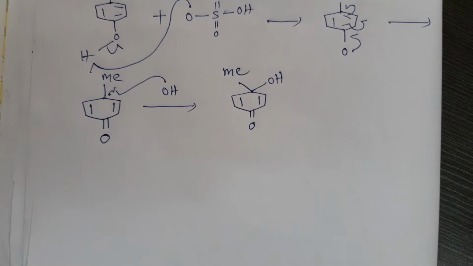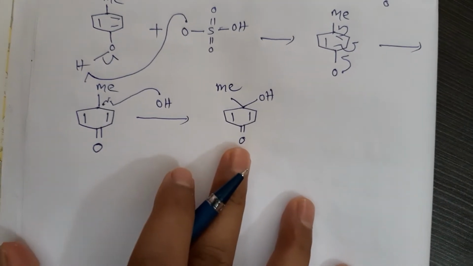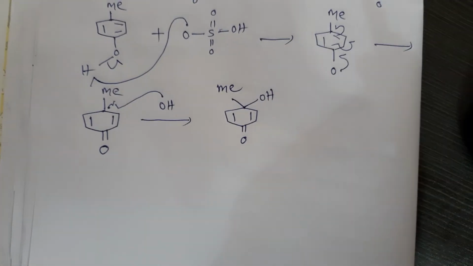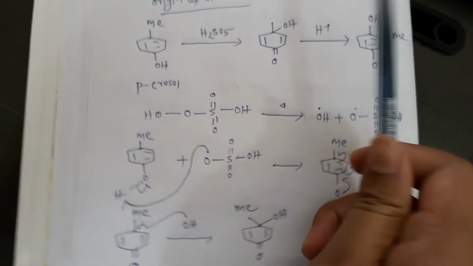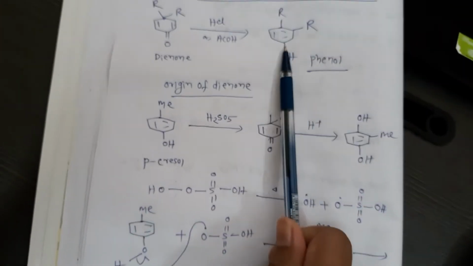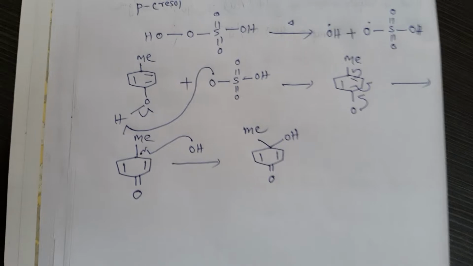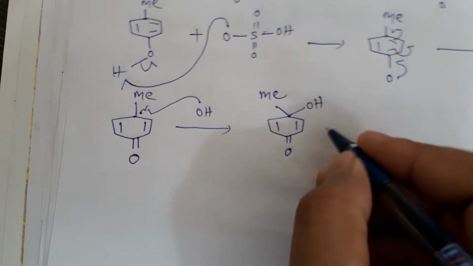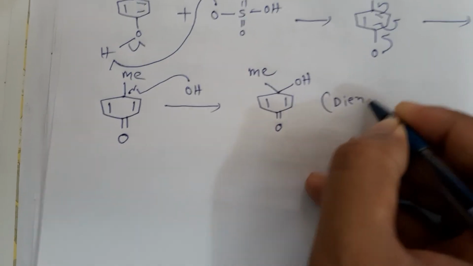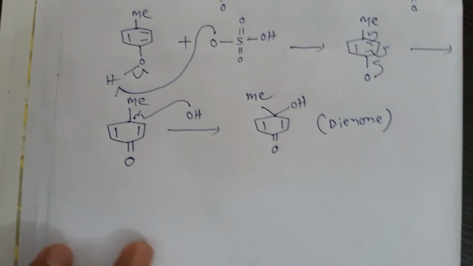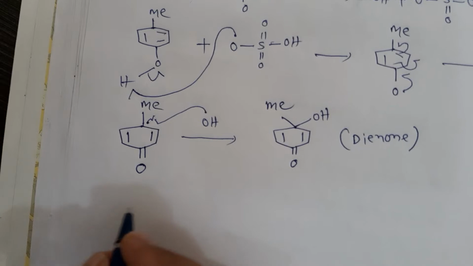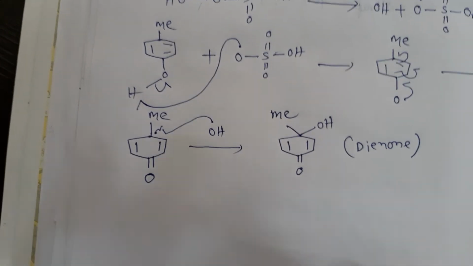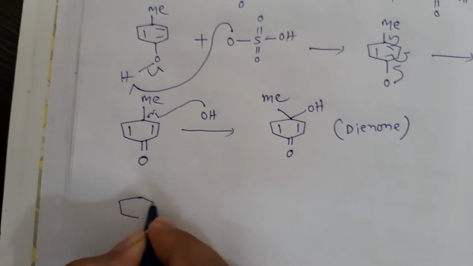Now after that we start from this dienone and finally we have to reach this phenol moiety product. So let's see how this happens. This is the dienone. Got it? Then let's start from the dienone.